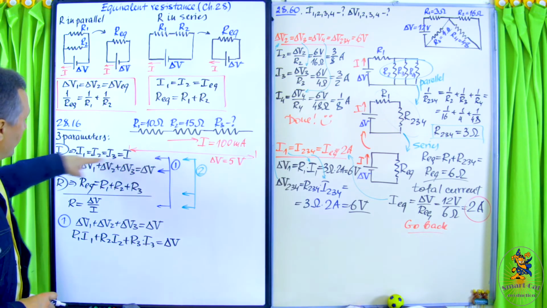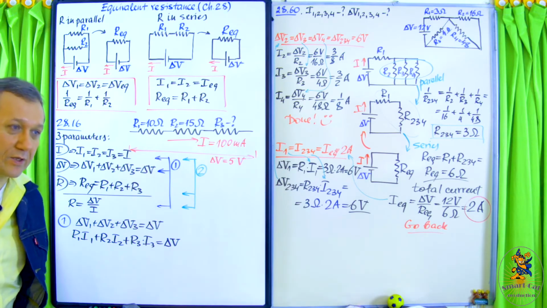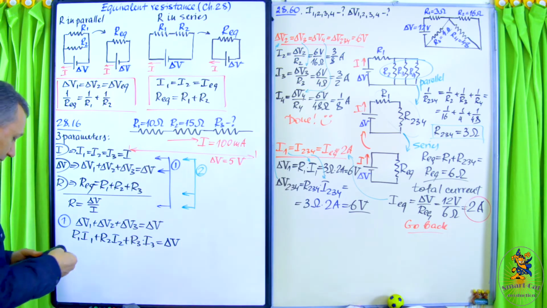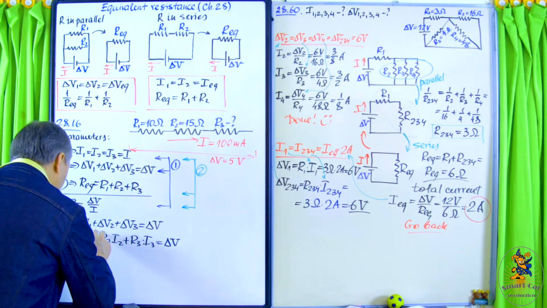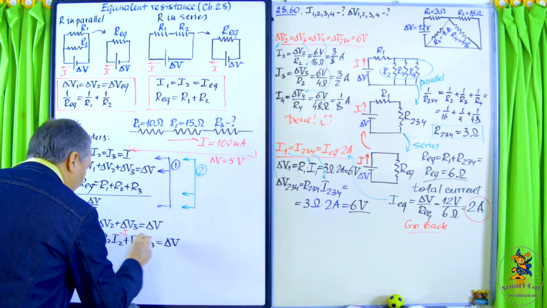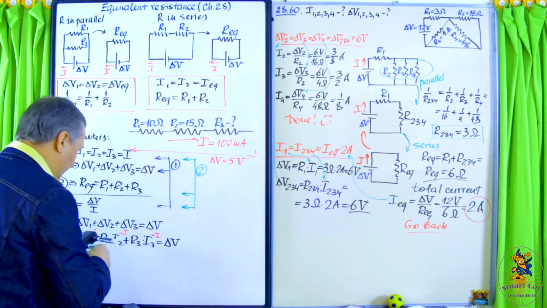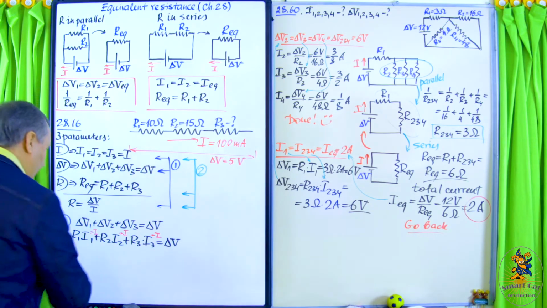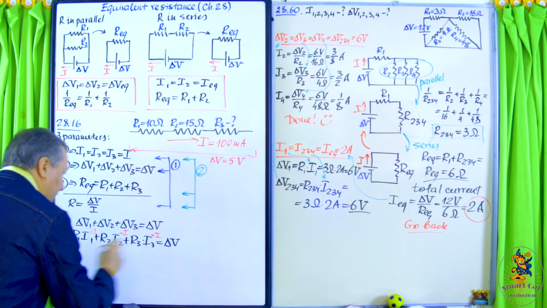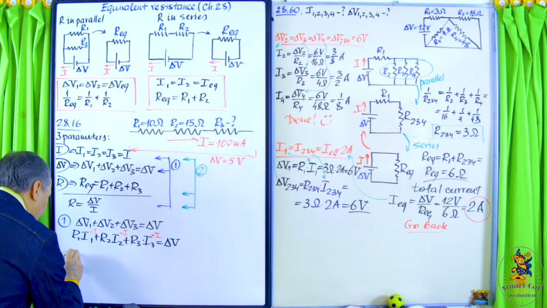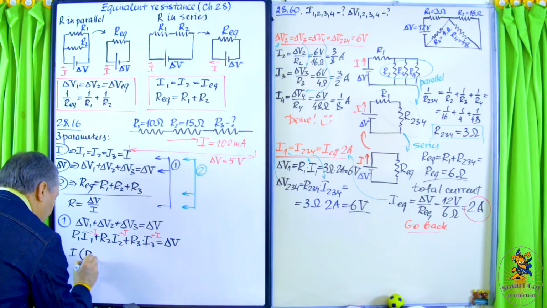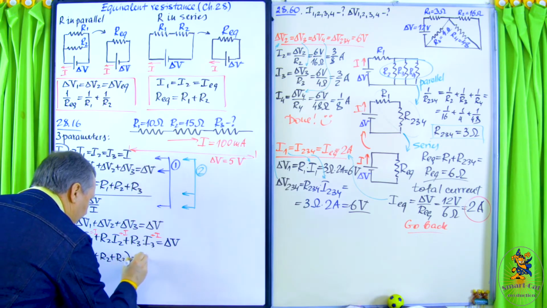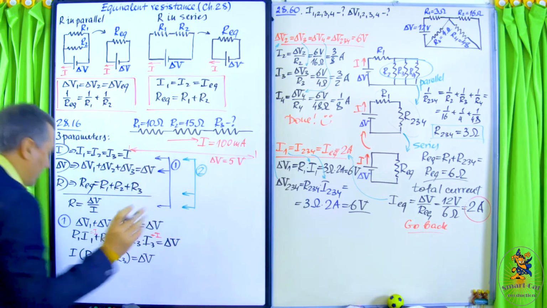And now it's time, of course, to apply the first piece of information about the current. All these currents are the same, right? So it's I, and I. So now we can use the fact that currents are the same, so we can factor that out. So I can write I times (R1 plus R2 plus R3) equals delta V. Okay, so pretty much what?